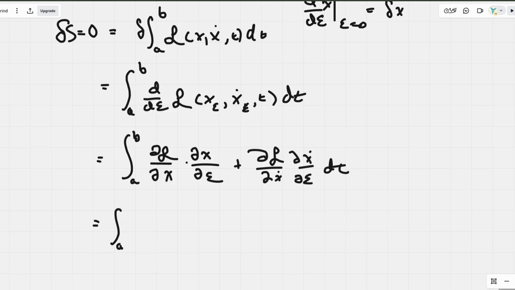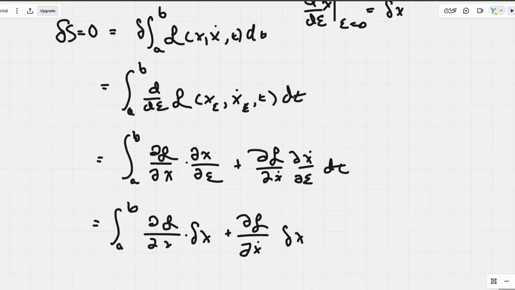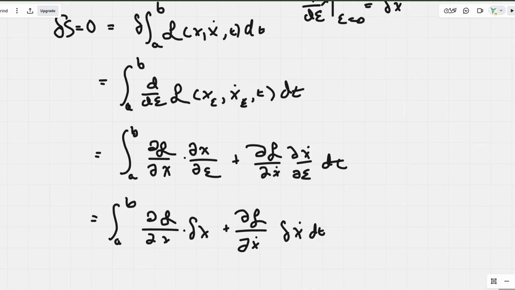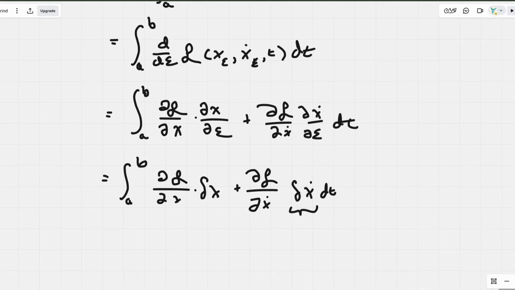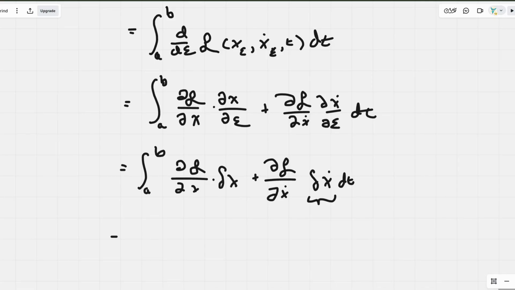So we can write this as, and then we can write this as the variance of the derivative of x with respect to time.